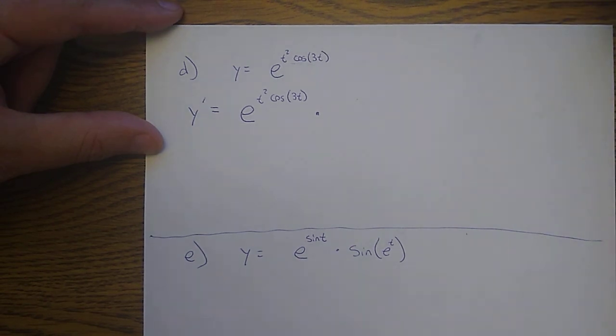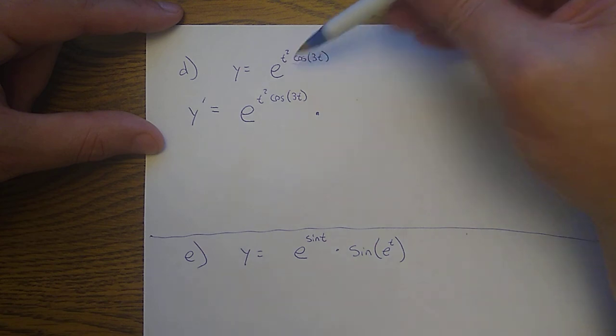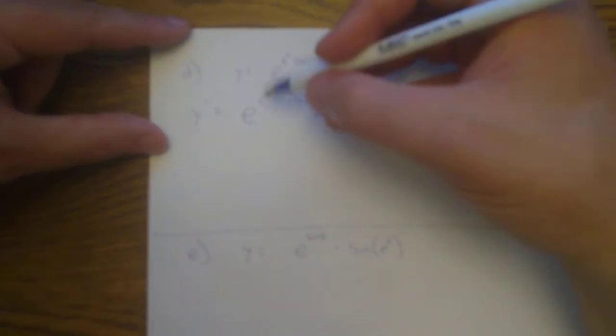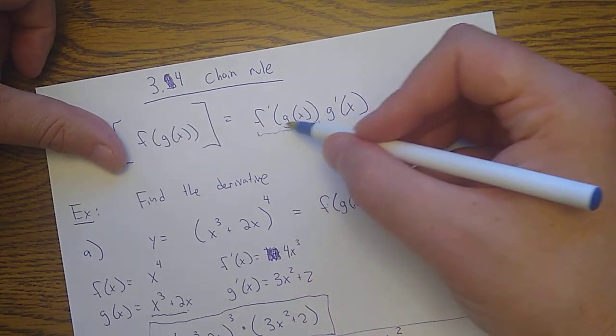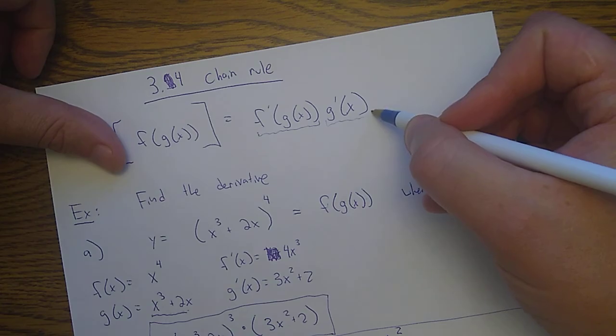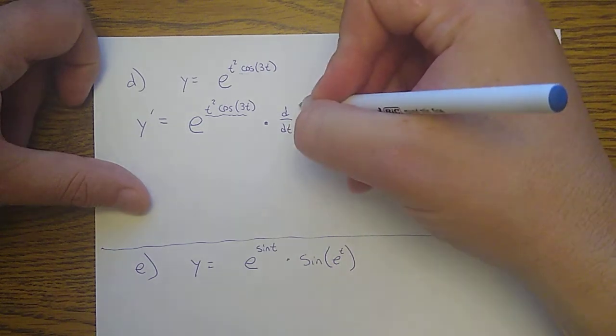So once again, I'm doing the chain rule. I did the derivative of the outside part, and now I just have to multiply by the derivative of the inside part. I've done this part, and now I have to do this part. And let me not even think about that right now.